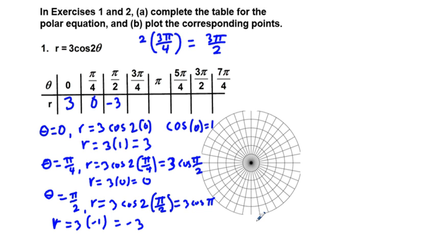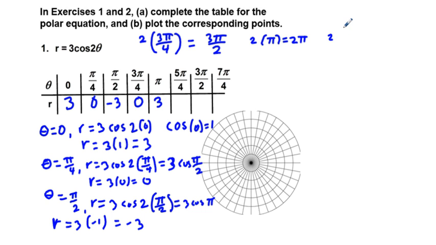Well, the cosine of 3 pi over 2 is 0, and 3 times 0 is 0. So we're having a pattern here, aren't we? Well, here for pi, if we have 2 times pi, well, that's 2 pi, and the cosine of 2 pi is the same as cosine of 0, which is 1, so we have 3.